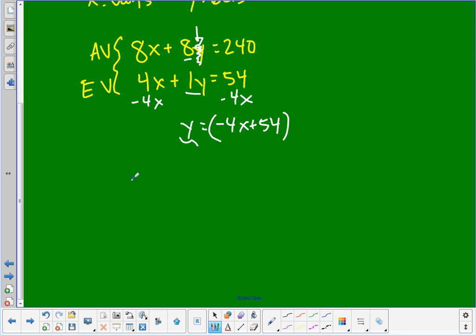Keep the 8 that's in front. So I have 8x plus 8 times that whole expression, negative 4x plus 54, is equal to 240.